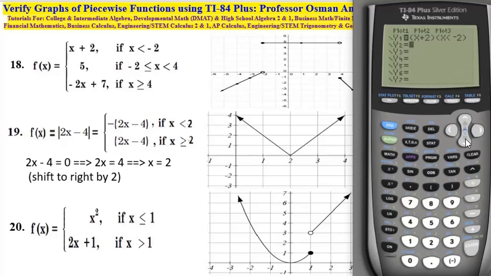And it is 5, and this is valid when x is between minus 2 and 4.